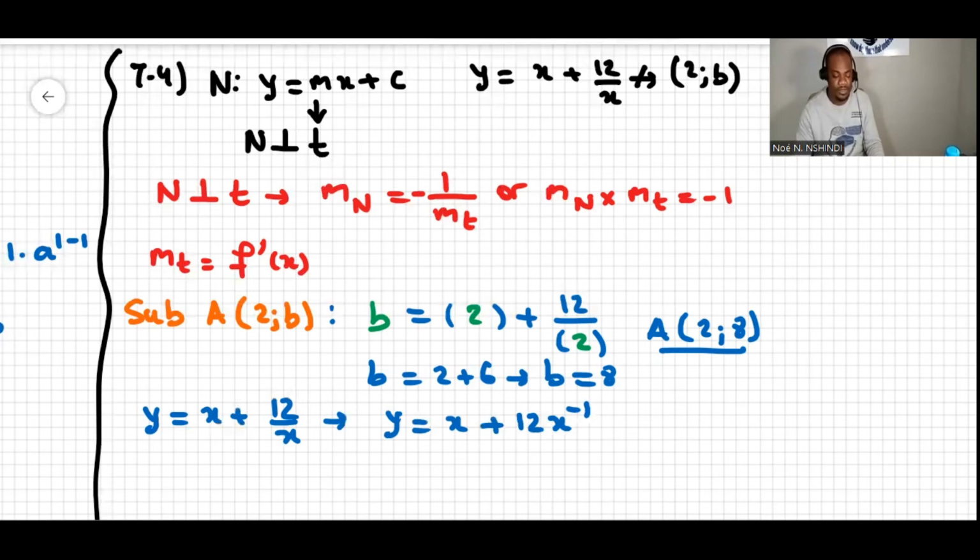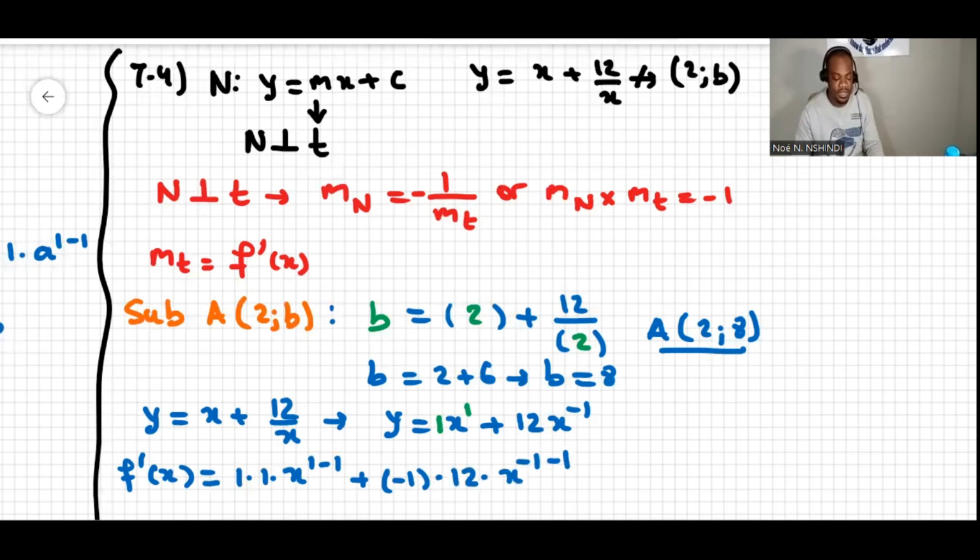Now the derivative, f prime of x or dy/dx, same thing, will be equal to, following the same formula we used earlier. Remember that over here the coefficient is 1 and the exponent is 1. So I write 1 times x to the power of 1 minus 1, plus -1, the exponent, times the coefficient 12, times x to the -1 minus 1.